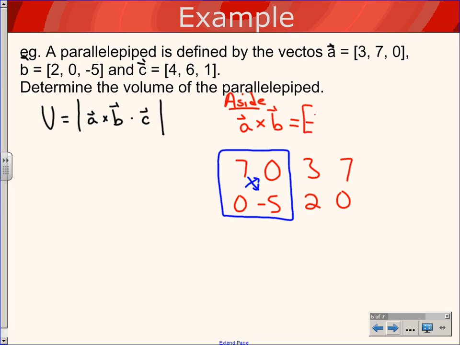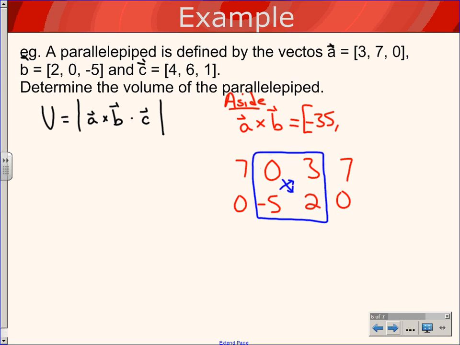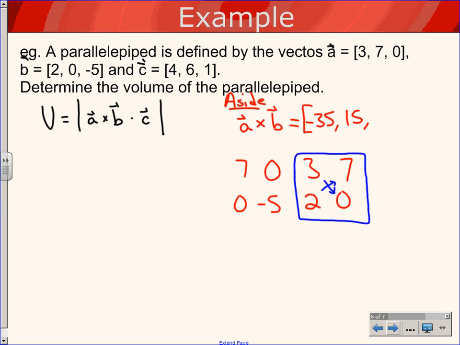Take away 0. What's this? 0 times 2 is 0. Take away minus 15, so plus 15. And then 3 times 0 is 0. Take away 14. So there's A cross B.